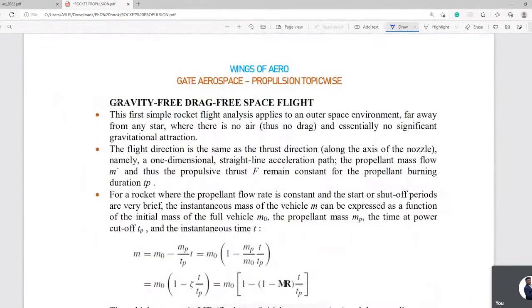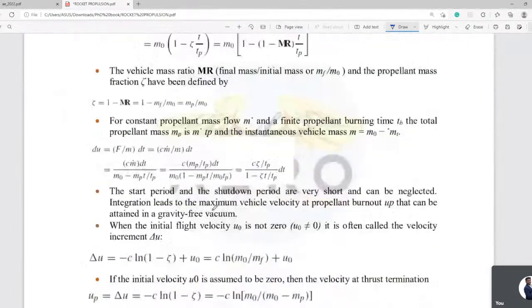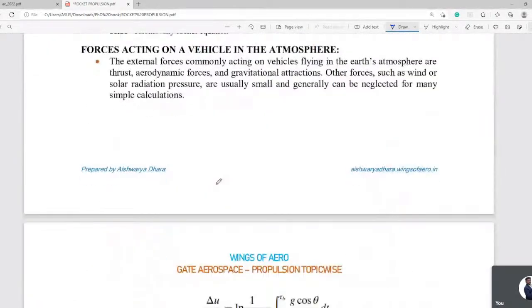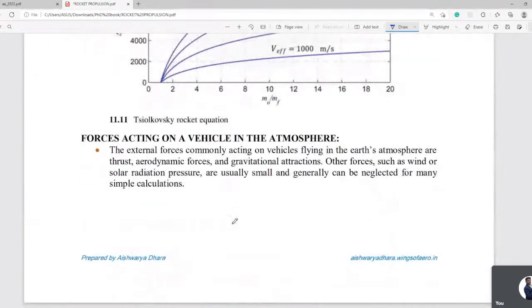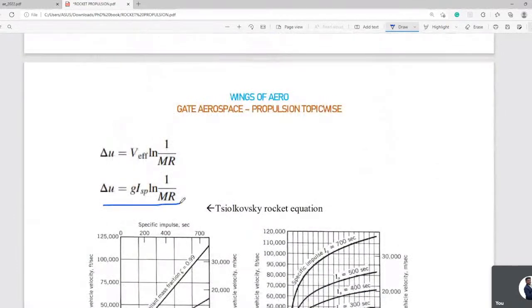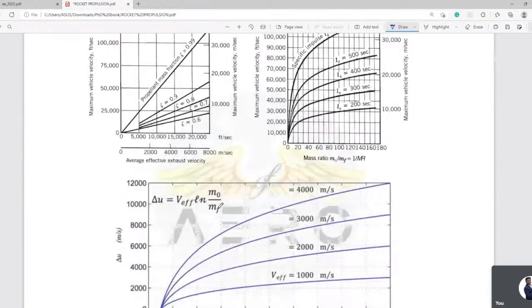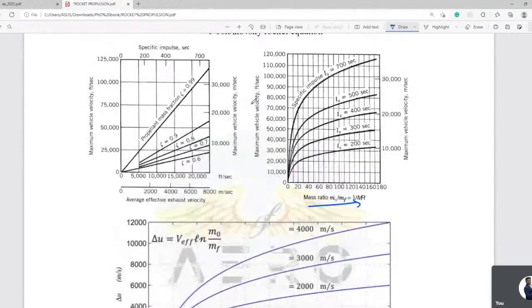Now, there are two conditions: the gravity-free, drag-free equation, and another with forces acting in the atmosphere. You need to solve some numericals using this formula, the Tsiolkovsky rocket equation, and how it is related to the mass ratio and the velocity curve.